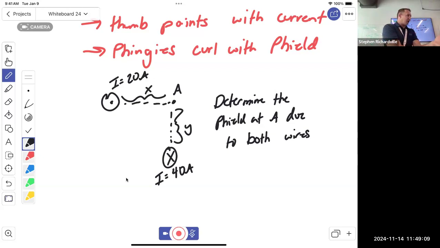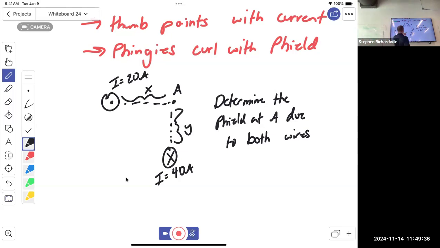But the big question here is, what do you do with the two answers? You get your field B from both of the equations, but what do I do with them? I might be adding them, subtracting them. I don't even know. I've got to first figure out direction. Due to the 20 amp wire, it's like looking at an onion that's been cut and you're looking at the concentric circles.